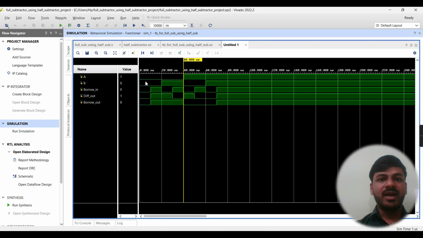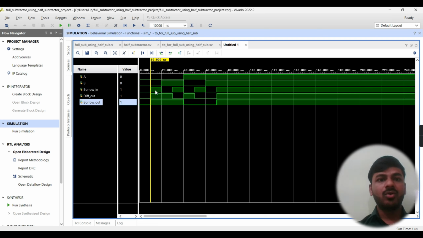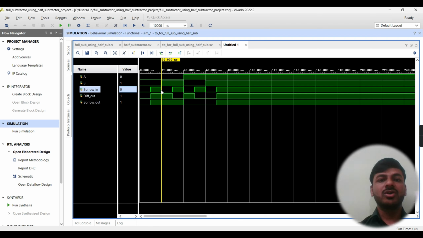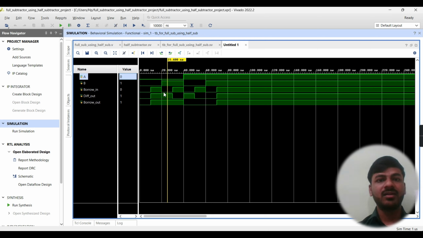See, as per the truth table, if A, B and borrow in, all 3 inputs, are low, then difference out and borrow out are low. If A is low, B is low, and borrow in is high, so 0 minus 1, as we can't directly subtract 1 from 0, difference out is high with borrow out. So here you can see borrow out is also high. Now here A is low, B is high, and borrow in is low.